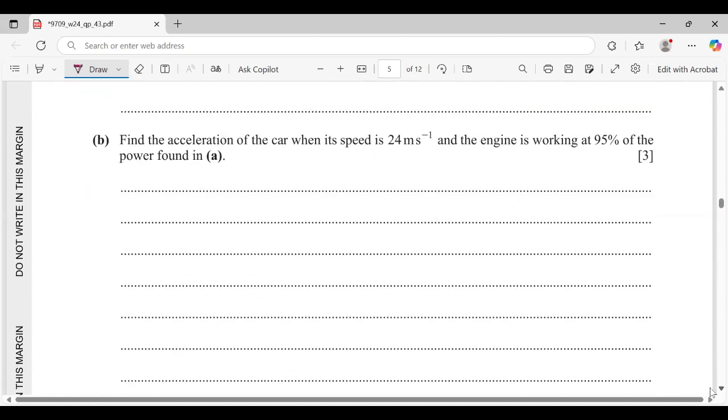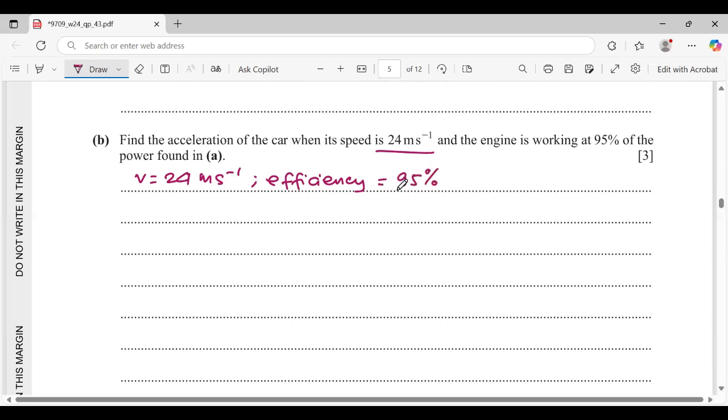Find the accelerations of the car when its speed is 24 meters per second and the engine working at 95% of the power found. According to this information, the speed is 24 meters per second and the efficiency is 95%.